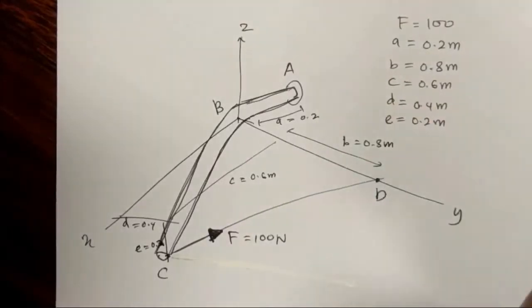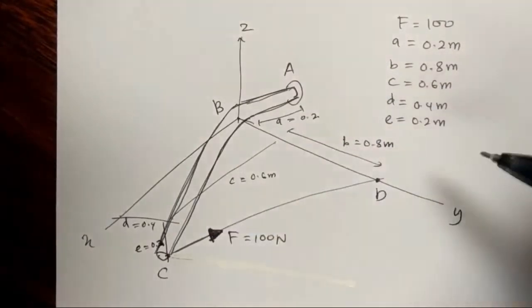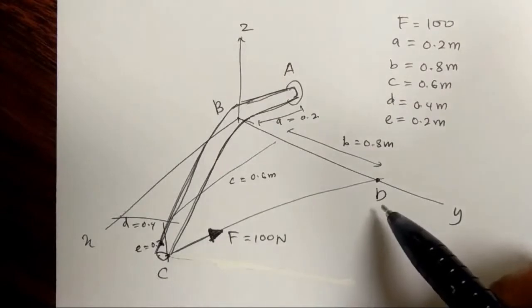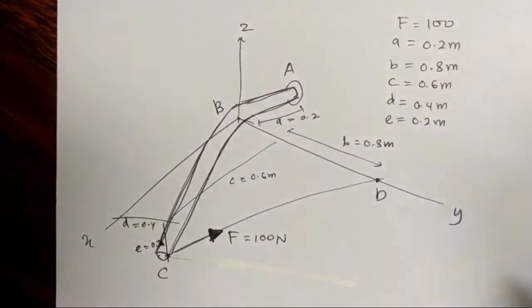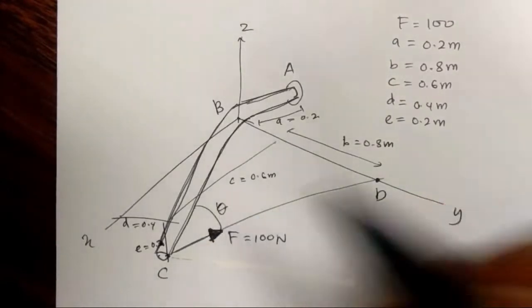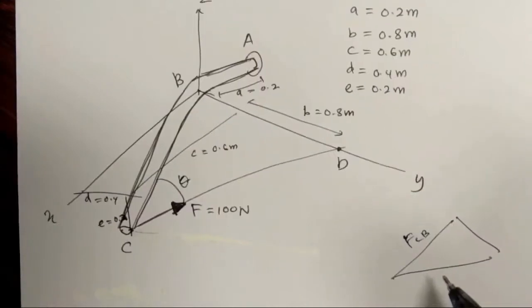Okay guys, the question asks you to get the projected force of FCD. So the projected force of FCD is FCB. Simply using this formula, if you know the theta here, using the cosine rule, here is FCB and then here is FCD.